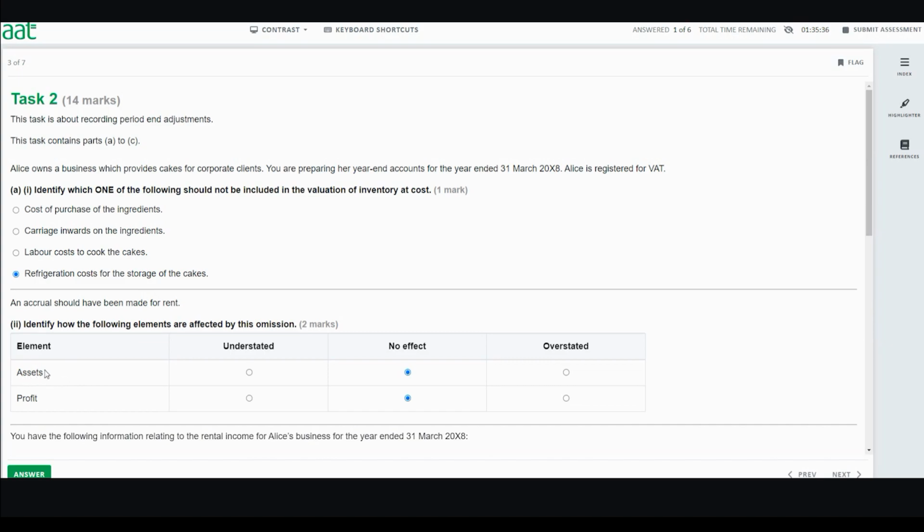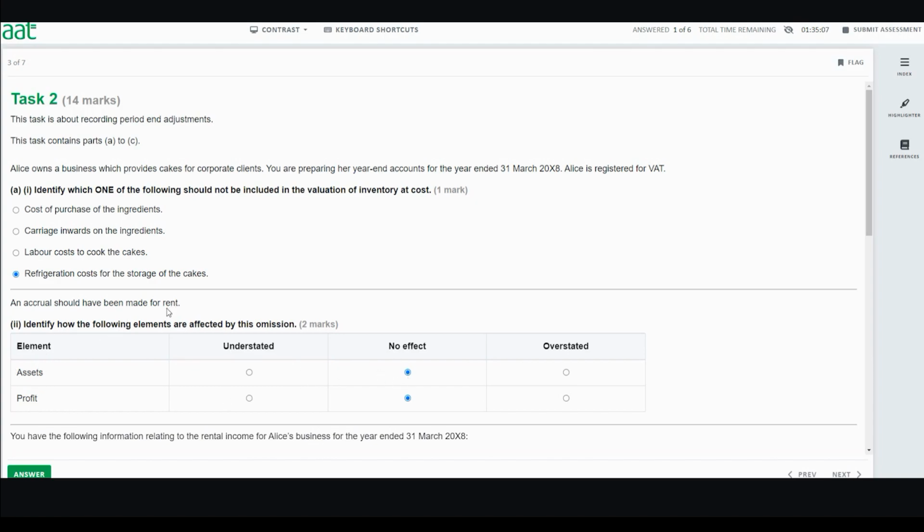So, assets. Would it affect the assets? No, it wouldn't, because if we're paying rent, we don't own the buildings, and the buildings would come in as a non-current asset. So assets are what the business owns or is owed, such as trade receivables, money in the bank, petty cash, motor vehicles, and so on. Okay, so there's no effect.